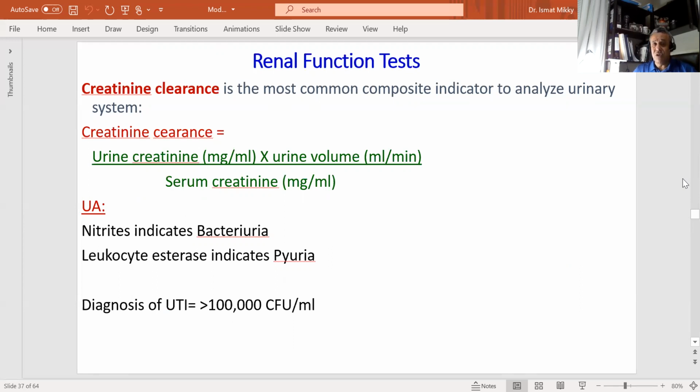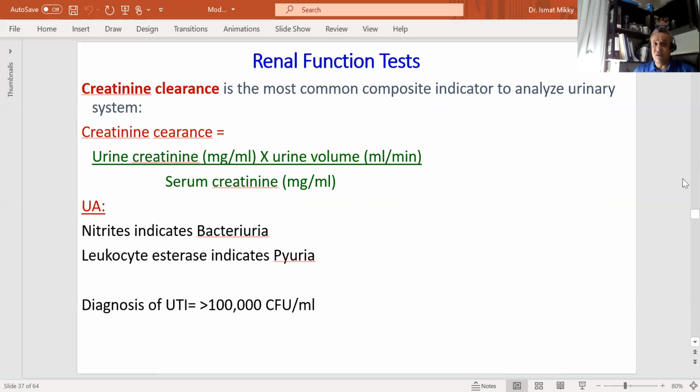The presence of either one or both of them in the urine can highly likely indicate the presence of bacteria, in other words, UTI.